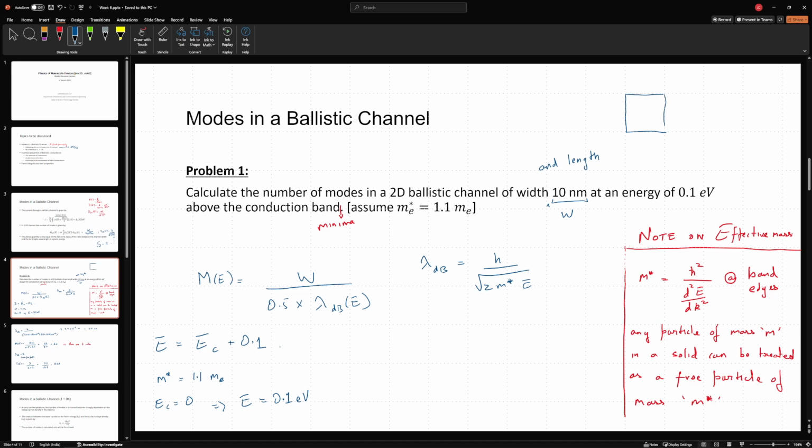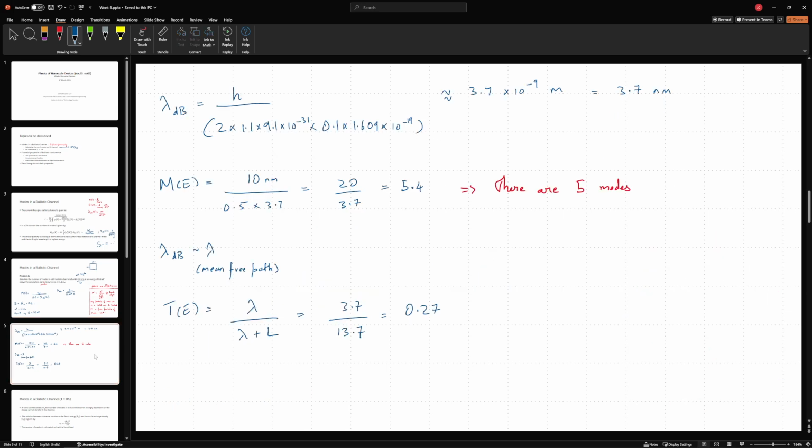what we see is, if this is 10 nm and this is also 10 nm, then the effective number of channels, because of diffusive transport and all of that, is going to come down to just 1, because T of E times M of E is going to be around 1.46.